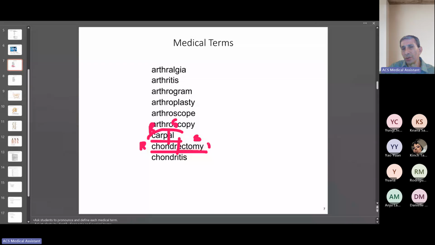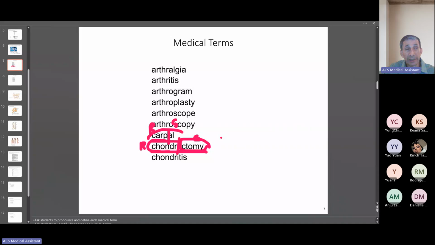So this is the surgical removal of cartilage. Yes, we can remove cartilage that is damaged, maybe chondromalacia, maybe you have arthritis, there is no cartilage left. We remove whatever piece is there and we replace it with some artificial, synthetic cartilage.